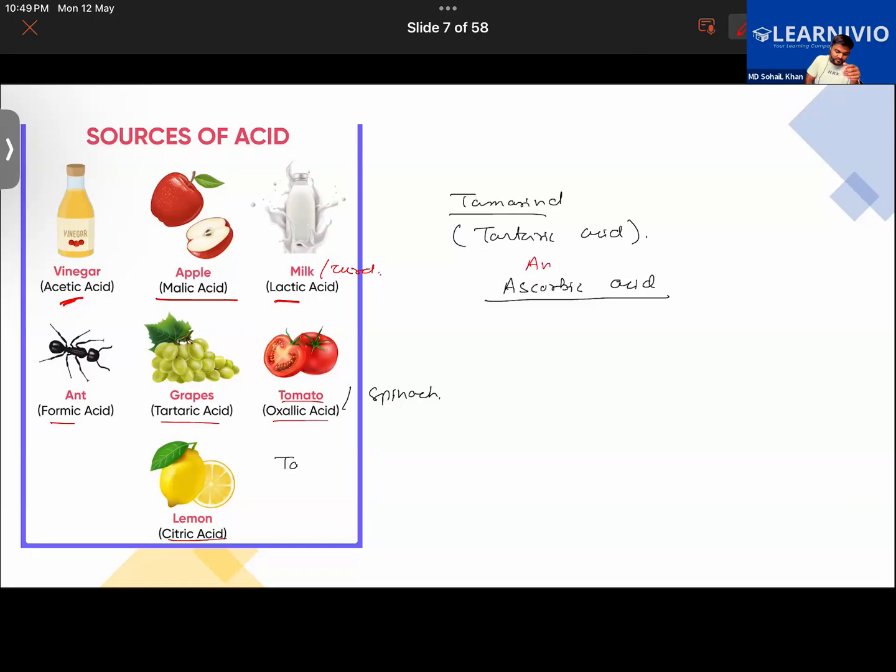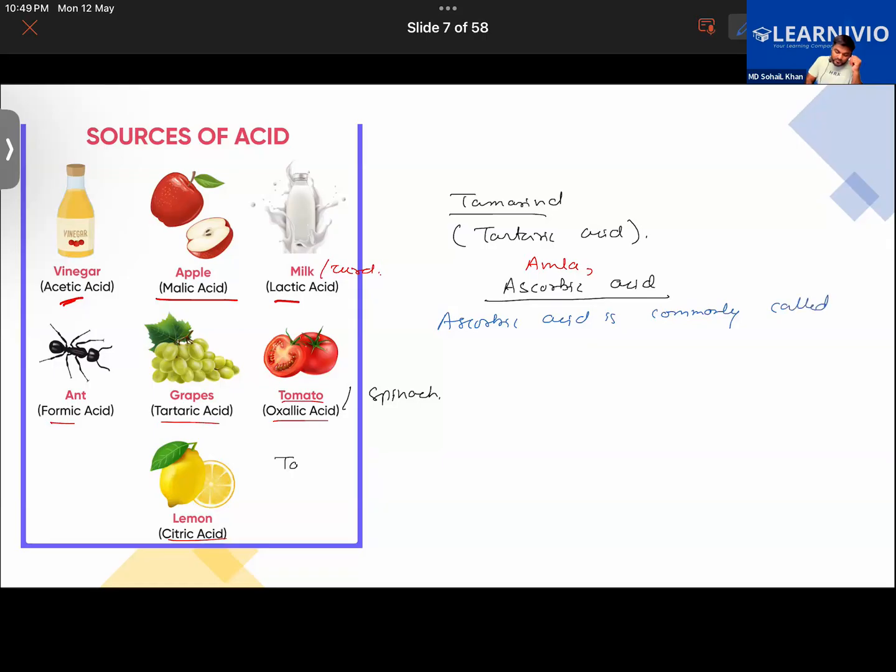Have you heard of amla? You haven't heard about it. It's okay, it is found there. Now this ascorbic acid, we commonly call vitamin C.